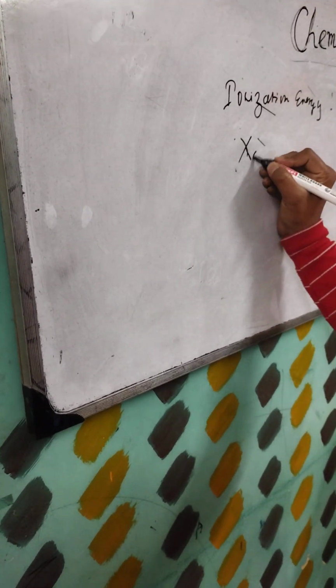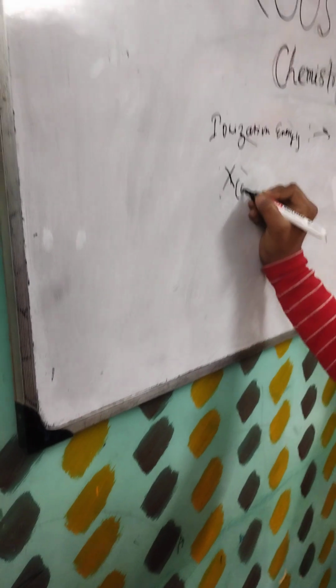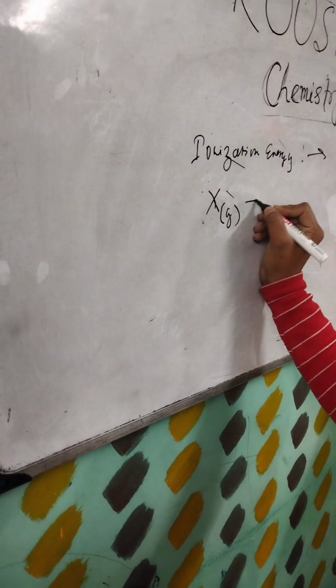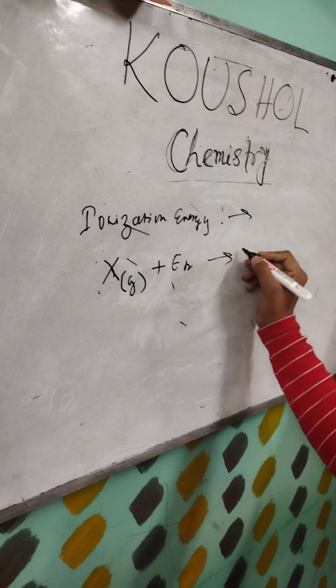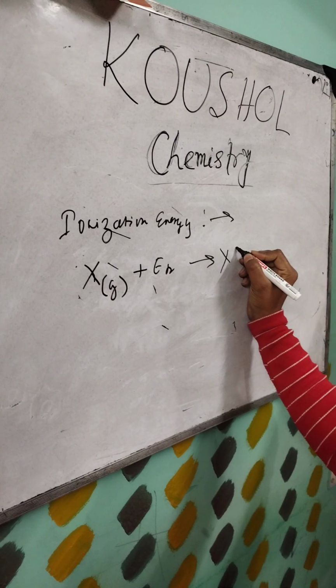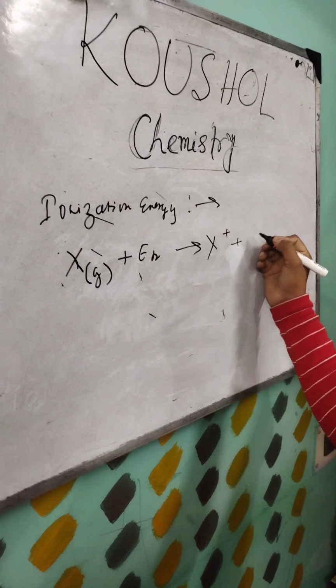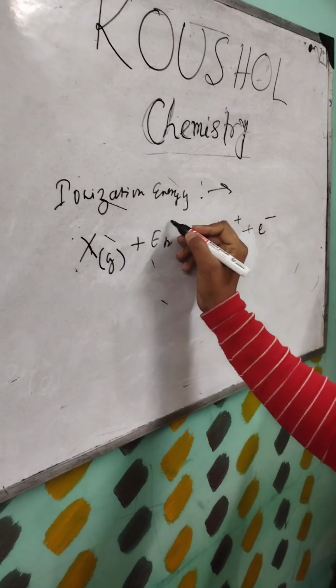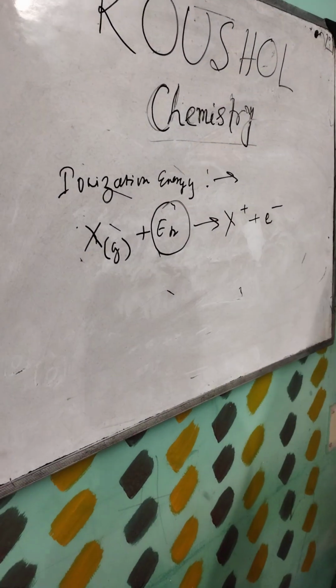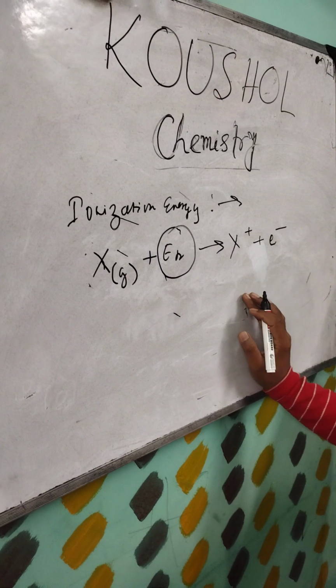X is the isolated gaseous neutral atom, and we provide some amount of energy to form a cation, and one of the valence electrons is liberated. That amount of energy is called ionization energy.